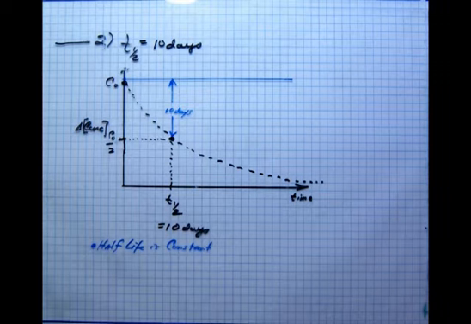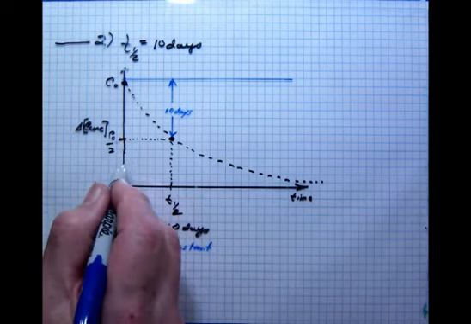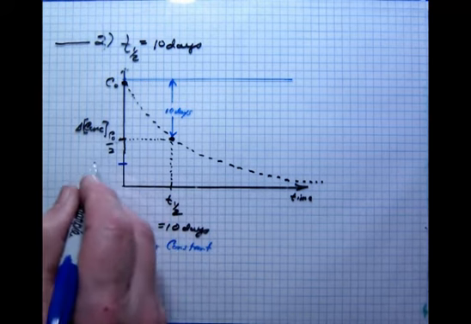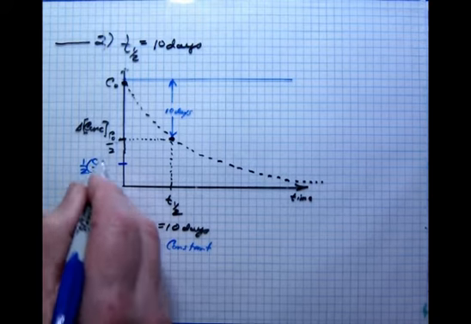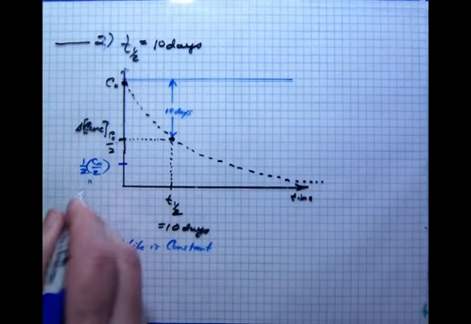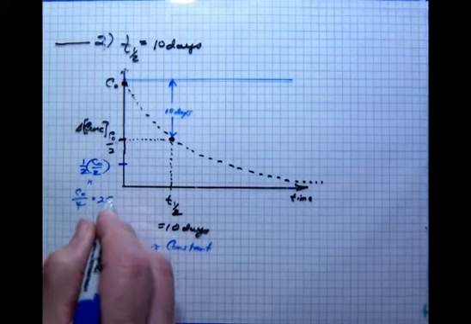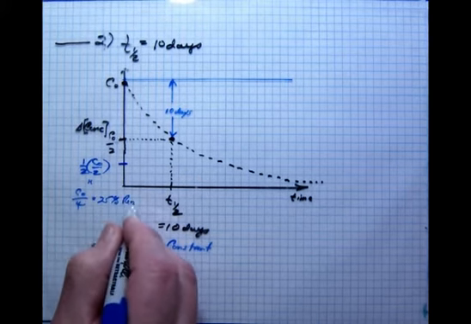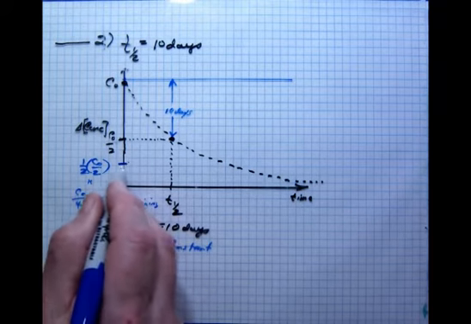It says, how long does it take for 25% to remain? That is, 75% is consumed. So we'll split this one in half right here, and we'd have 1/2 of that concentration, which is, of course, C sub O over 4, and that represents 25% remaining at that point right here.